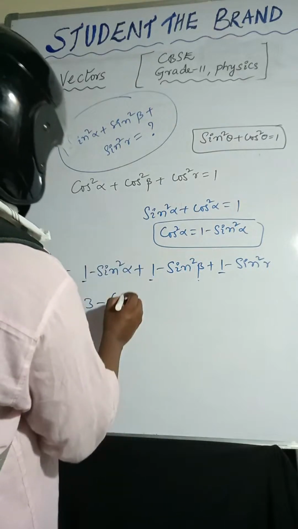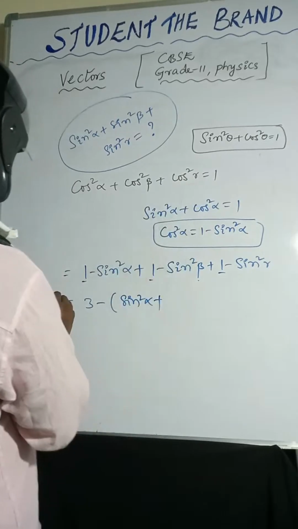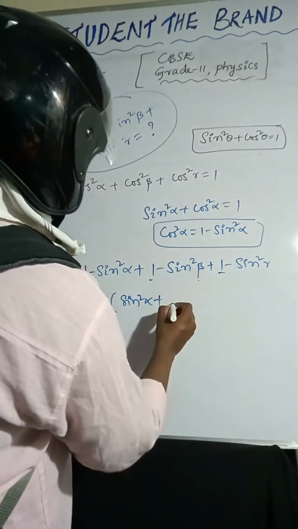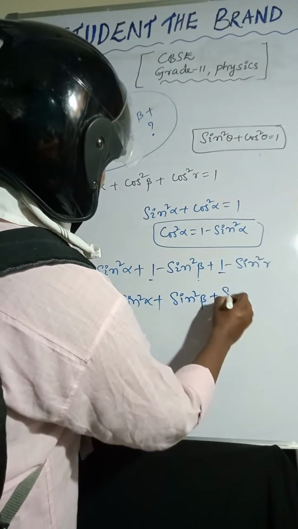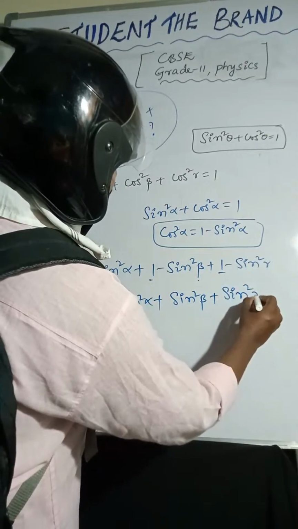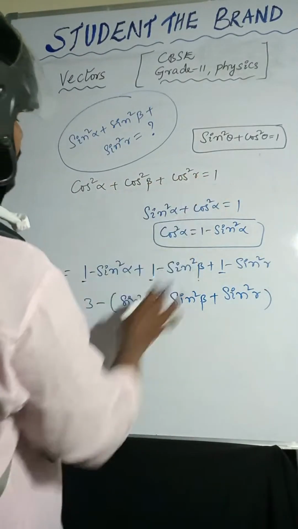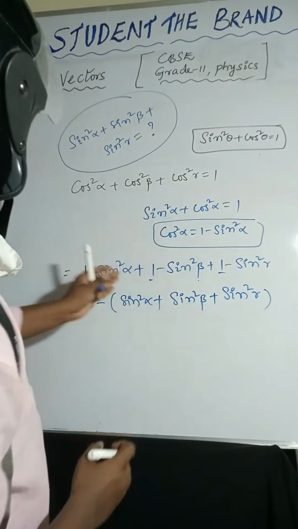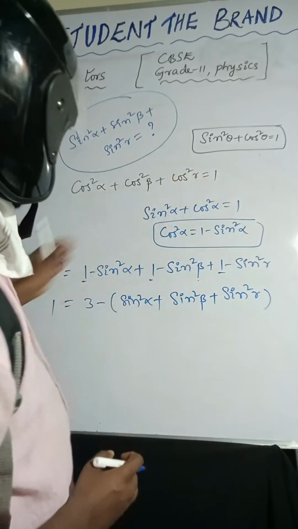3 minus sin square alpha plus sin square beta plus sin square gamma, and this one we already know, cos square alpha plus cos square beta plus cos square gamma equal to 1. So I'm taking this side, and 1 this side. Now 1 minus sine square alpha, 1 minus sine square beta plus 1 minus sine square gamma equal to 1.